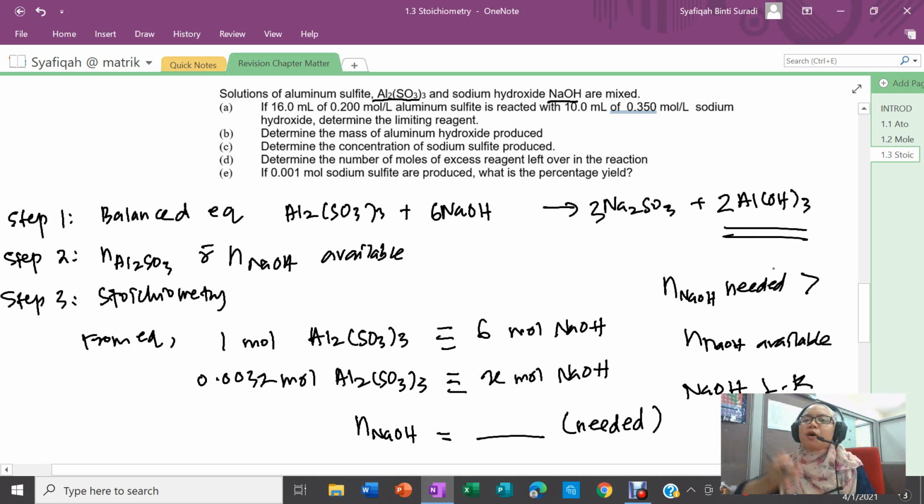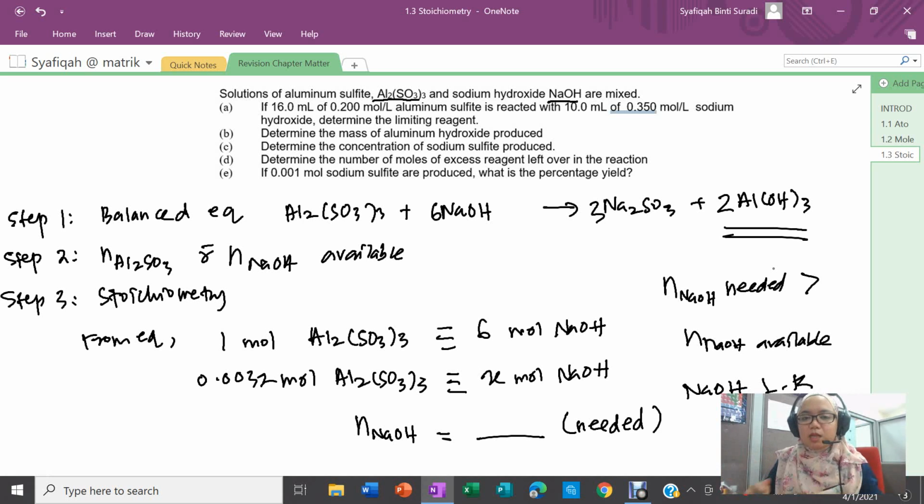Apa-apa pun, awak kena tahu apa limiting reactant dia. Kenapa? Sebab limiting reactant ni, dia bagi tahu maksimum produk yang akan produce. Betul tak? Maksudnya, itu je maksimum produk yang boleh produce sebab NaOH ni dia ada sikit tu je yang available. Sebab tu perlu kita cari limiting reactant.